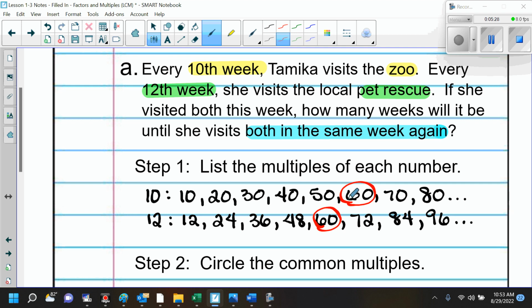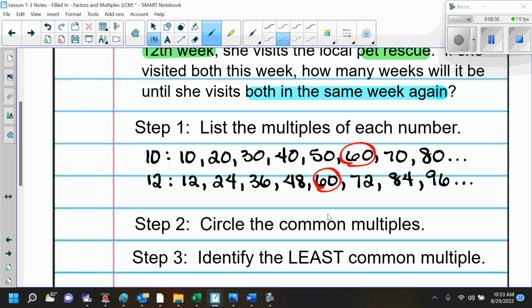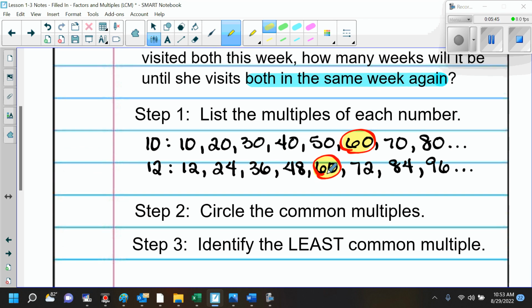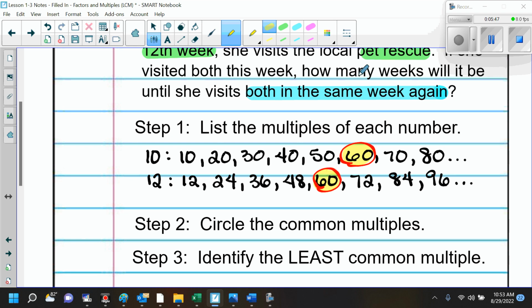So here, 60 is the least common multiple. Okay, so identify the least common multiple. The least common multiple is 60. So how many weeks will it be until she visits both in the same week again? The answer is going to be 60 weeks. Is everybody clear? 60 weeks.